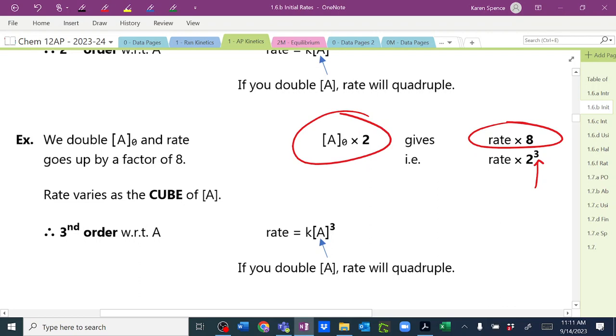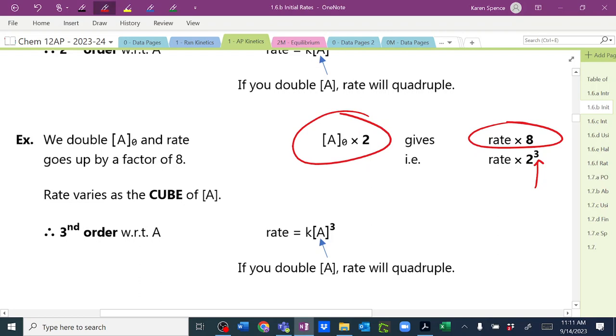What it would mean is that if A collides with A, it depends on the concentration of A, so it depends on A squared, right? But if it's A cubed, that means you have to have 3 collisions all at the same time. I think I'm getting off track here. Forget I said anything there.